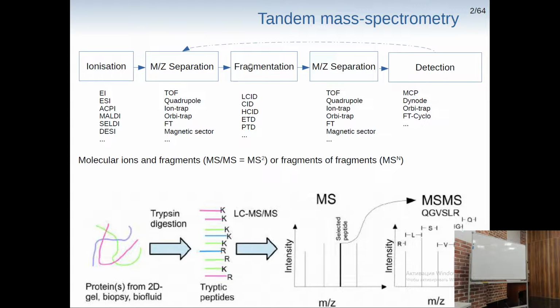And then you have another step of m/z separation. Nowadays it's mostly either Orbitrap or time of flight. Time of flight actually has some benefits here, but is not mainstream yet.